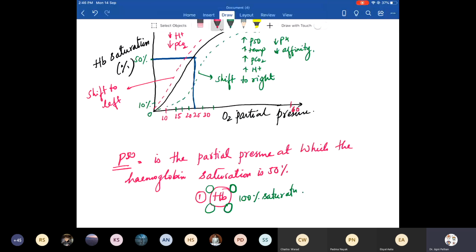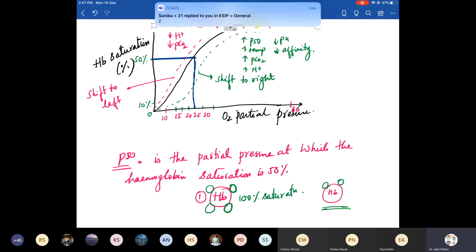So when I say 50% saturation, one hemoglobin is binding to how many oxygen molecules? 2 oxygen molecules. This is called 50% saturation. Did you get the point? And this is represented as P50. Is it clear? Ma'am, the point on the curve is 50%?